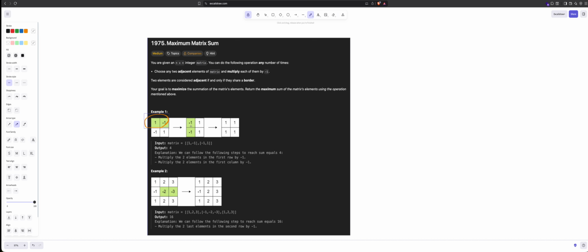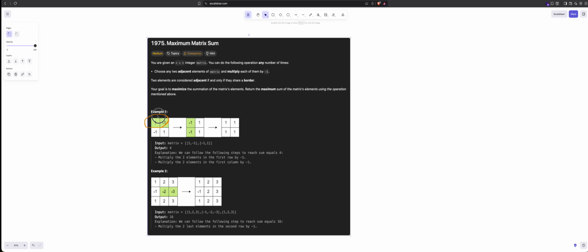That makes the elements in the second index of row 0 become positive, and index 0 of row 0 become negative, which helps us convert everything to positive integers, so that becomes all ones. By summing all of this, the output is 4, and we return it here.